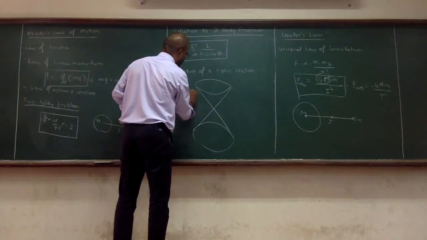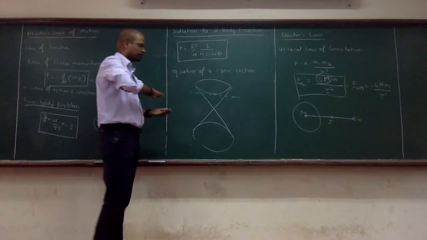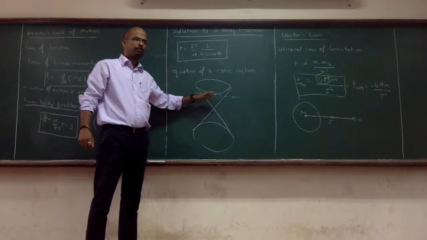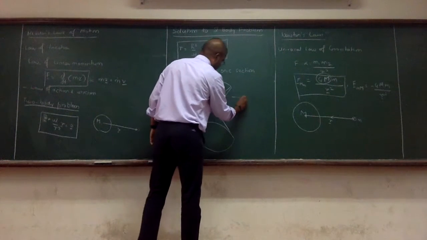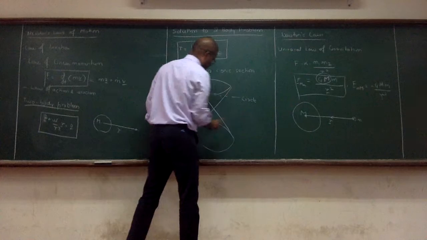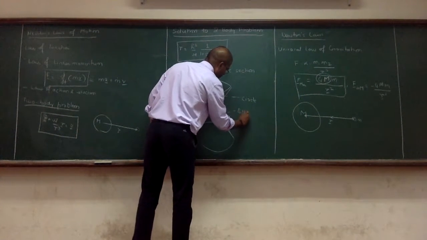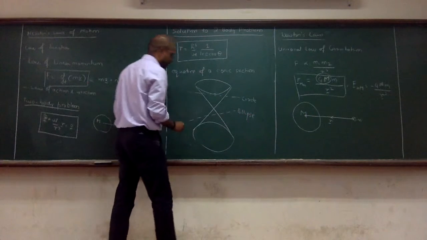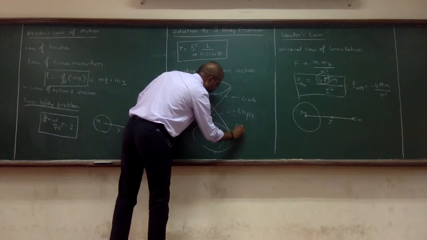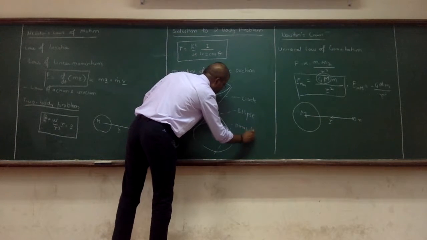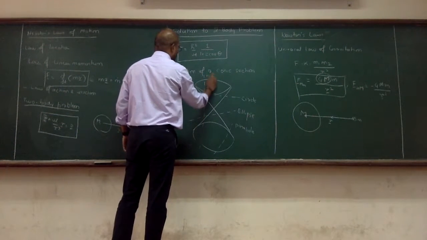If I section it here, what are you going to get? You have a cone, a two-sided cone, okay? And if I section it here, what are you going to get? Circle, right? And if I section it here like this, the leaf, you're going to get a... If I section it like this, what do you get? Section it. What will you get?